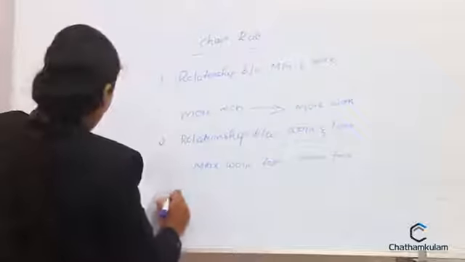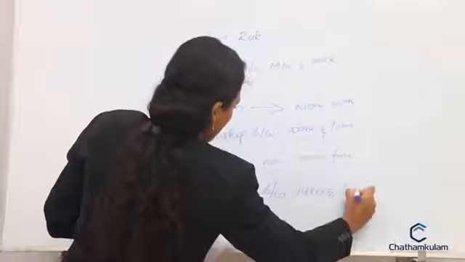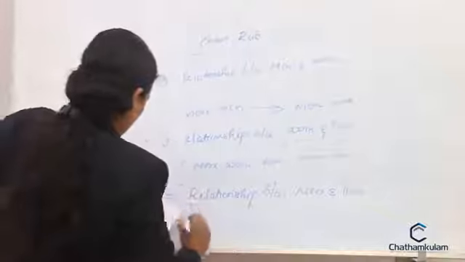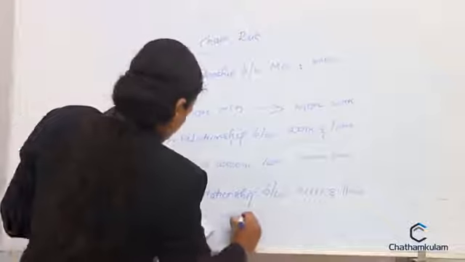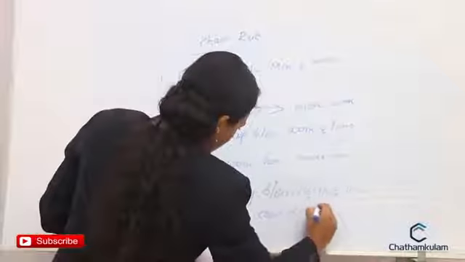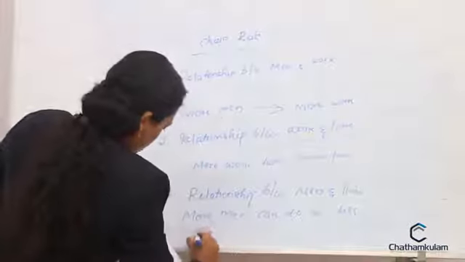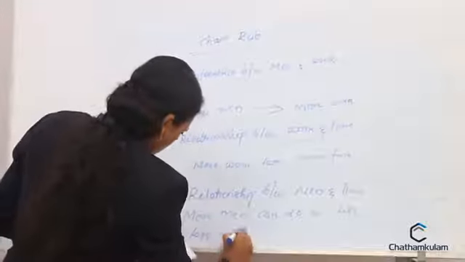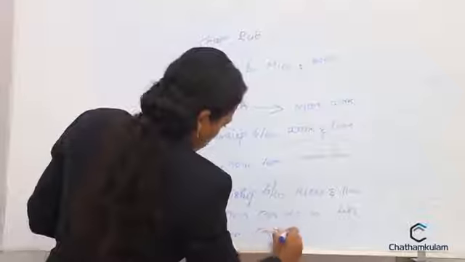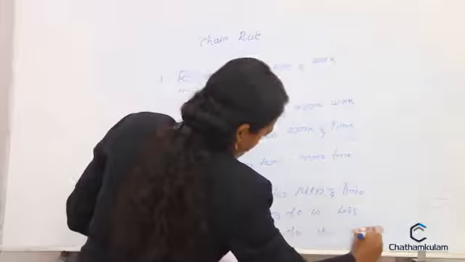And the third one is the relationship between men and time. So you can say that more men can do it in less time. Here some contradiction is there. Fewer men can do it in more time.